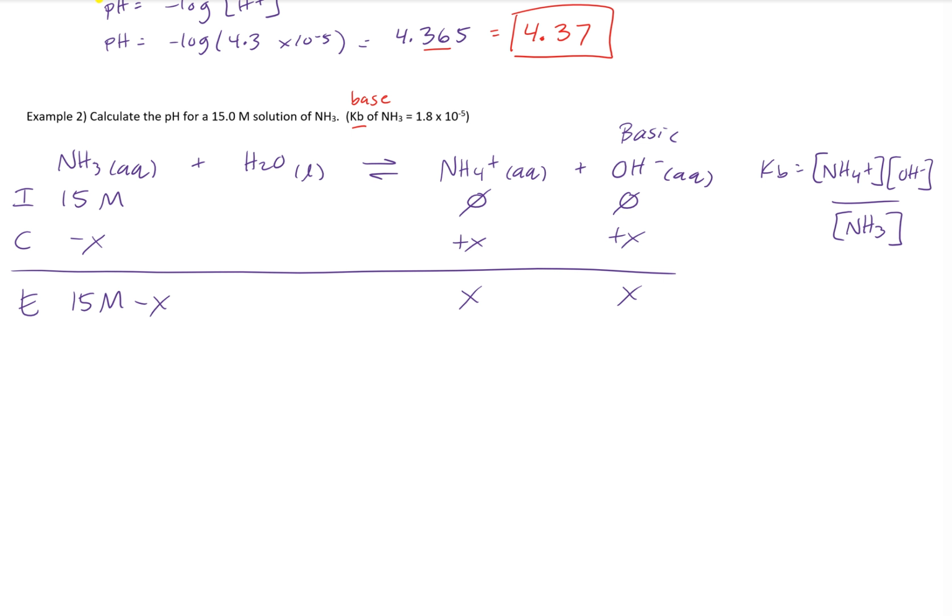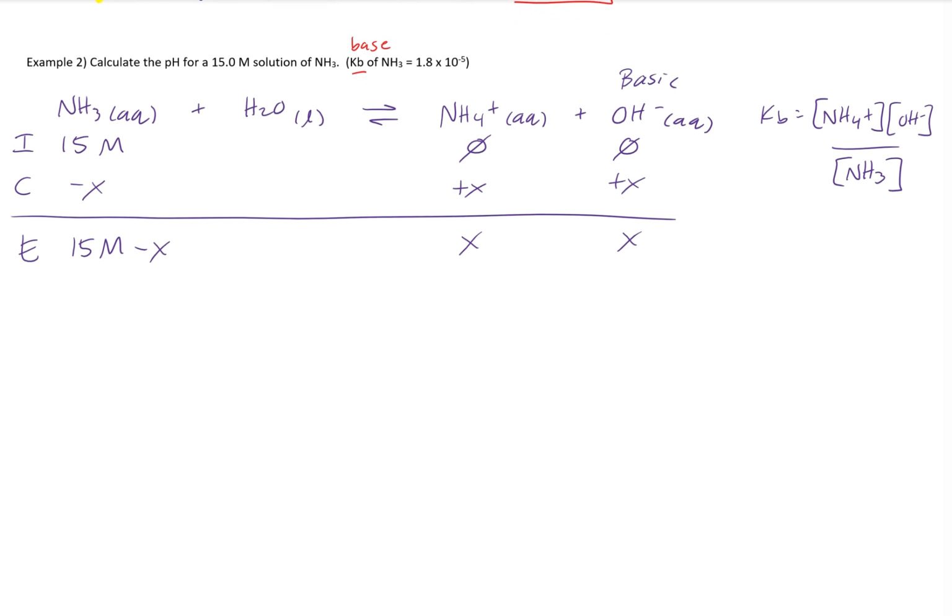And we're going to solve this the same way as the Ka problem, and we want to solve for X, because I noticed that in a Kb ICE chart, X is hydroxide. And if I know the concentration of hydroxide, then I can calculate pOH and then calculate pH from there. So we're going to plug and chug. Put in your Kb value given to you, 1.8 times 10 to the negative 5 is equal to X squared over 15 molar minus X. And just like before, where we said X is going to be so small in comparison to the initial concentration of the weak acid, we can say the same thing.